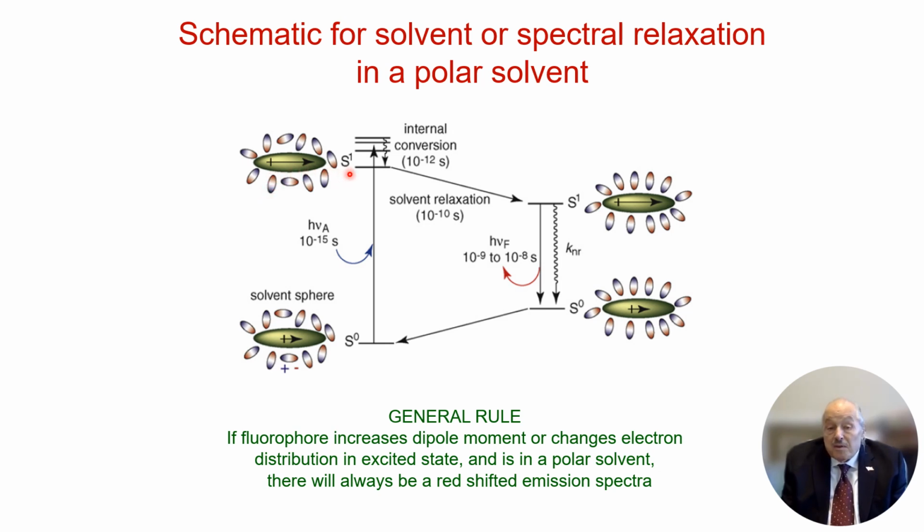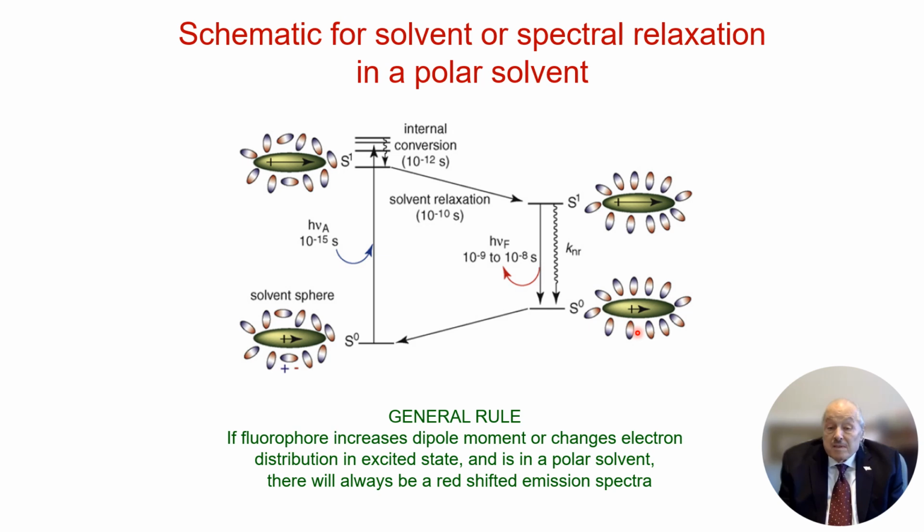Then, since the molecule hangs around for on the order of nanoseconds, the solvent can reorient around this new excited state dipole, as you can see by the change in the direction of these dipolar molecules around that fluorophore. That causes an energy shift, which, if you knew everything about the fluorophore, I guess you could calculate from electrodynamics, but it's not generally done.